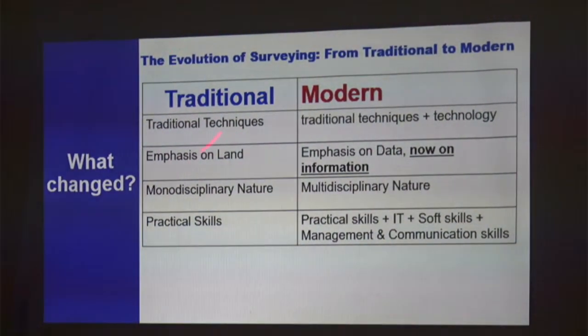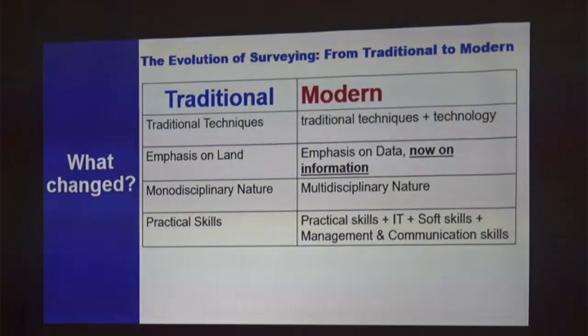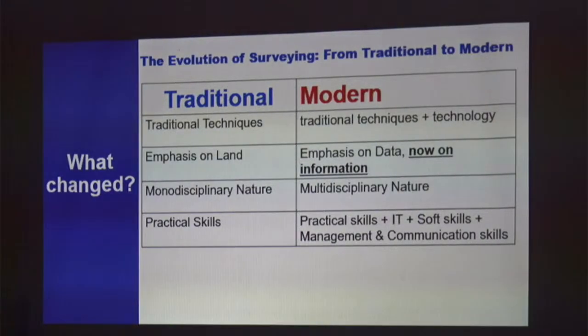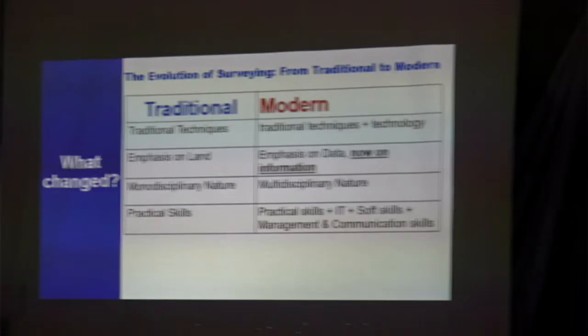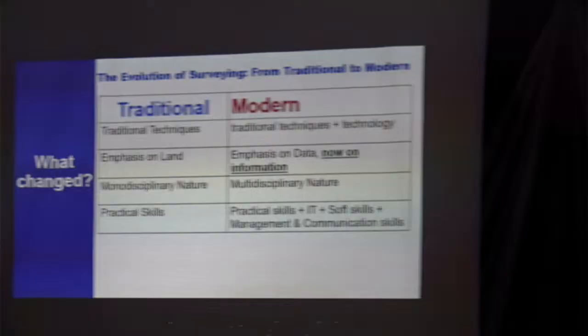For traditional surveying, we use traditional techniques, chain survey, leveling, and all that. For modern surveying, we still use the traditional techniques, but with the addition of technology, more specifically in terms of instrumentation and IT technology. So take note, advancements in surveying do not take away the traditional techniques.